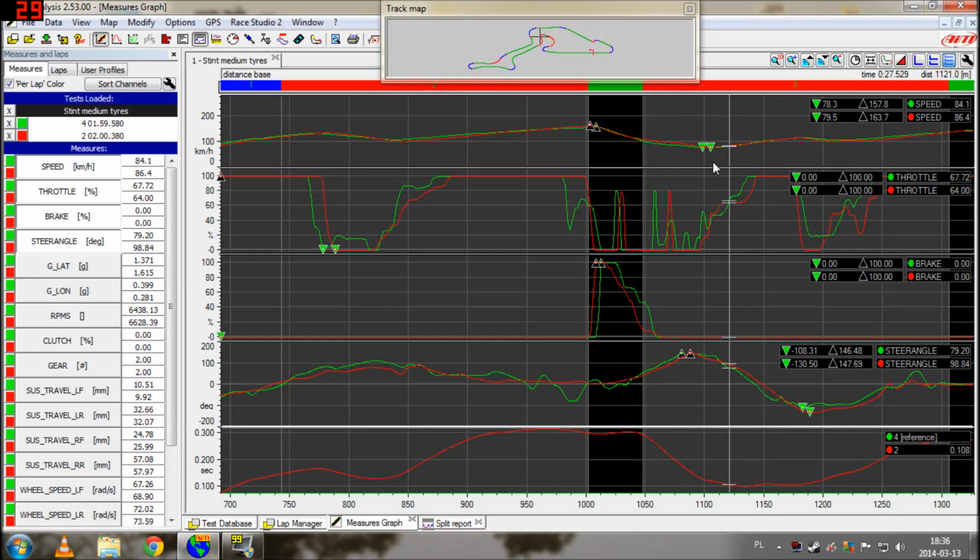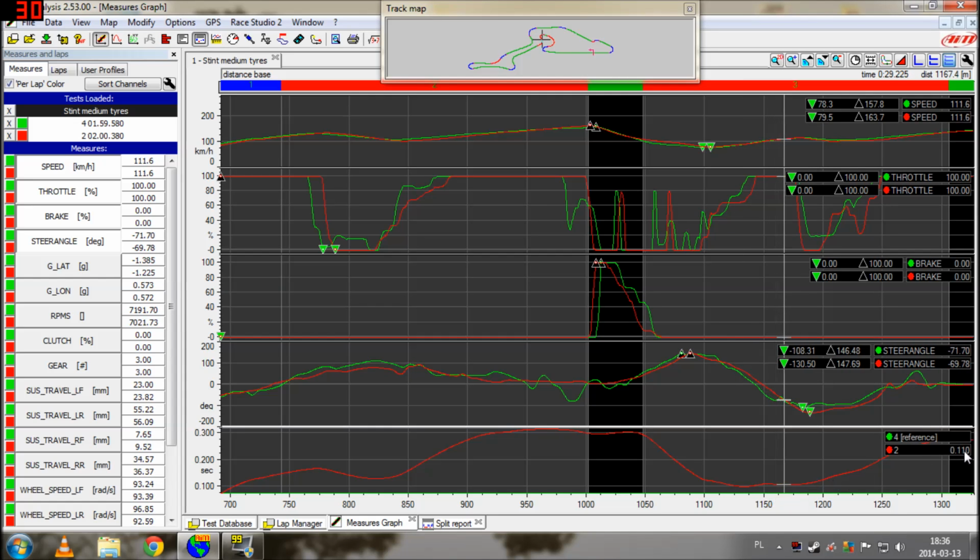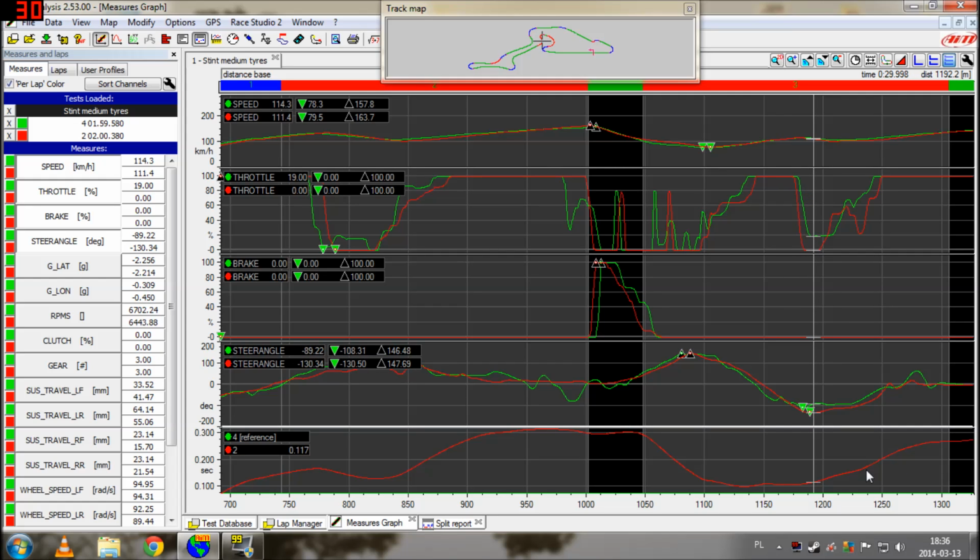We are exiting turn number 3. Again, poor throttle application in both cases. Both laps, both throttle work were poor here. The gap is 1/10 of a second, and it starts increasing again.